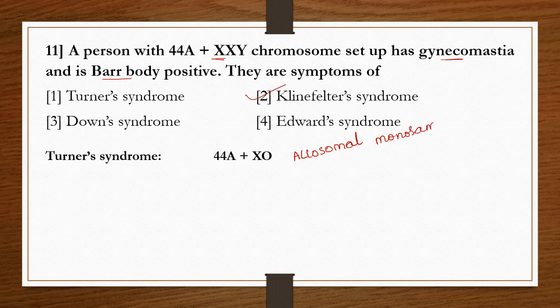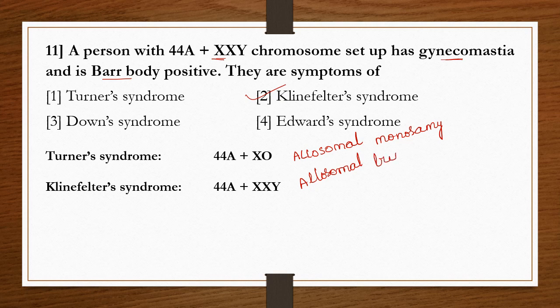The next one is Klinefelter syndrome, 44A plus XXY. This is the answer, and it is an allosomal trisomy.